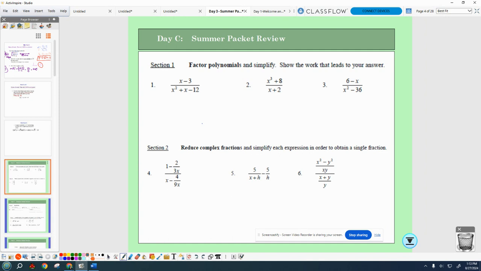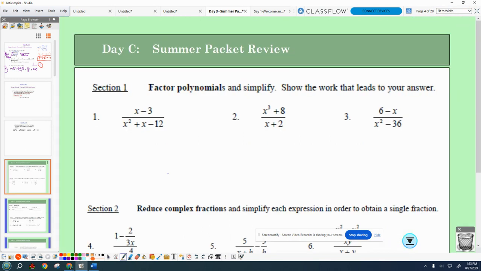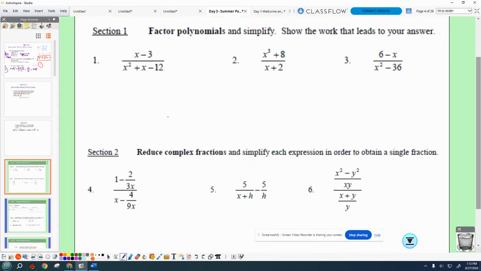Ryan, how do we factor the denominator in number 3? X plus 6, x minus 6. Yes. Okay, so that denominator, x plus 6, x minus 6. Does this numerator cancel with one of these factors in the denominator?